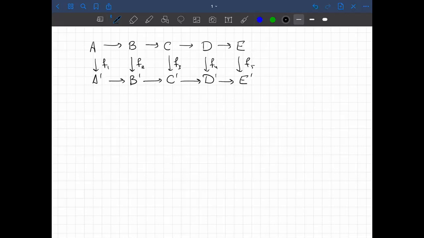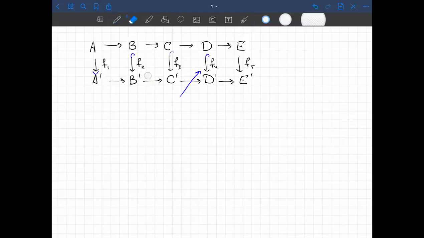So, okay, we know that these two guys are monomorphisms, and this guy is an epimorphism. I guess I'll write on this way. So we want to check that the middle arrow is a monomorphism as well.